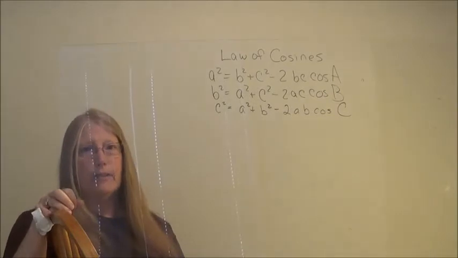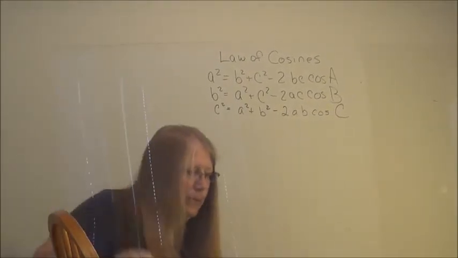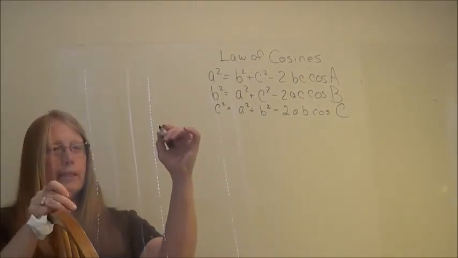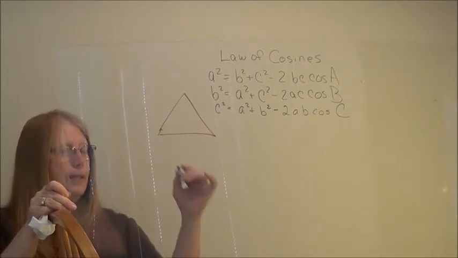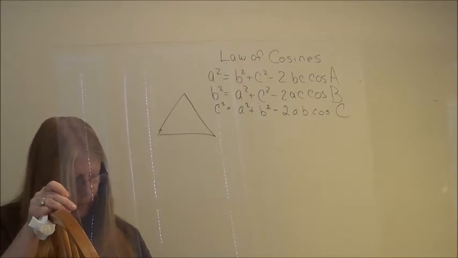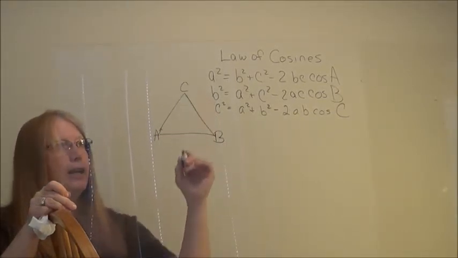Alright, now I'll give you a problem. We're going to look at this example where the triangle looks like something like this. And here are the parts that are known. We would put in A, B, and C where we like them to be, right, Haley?